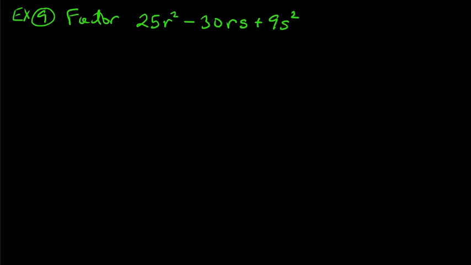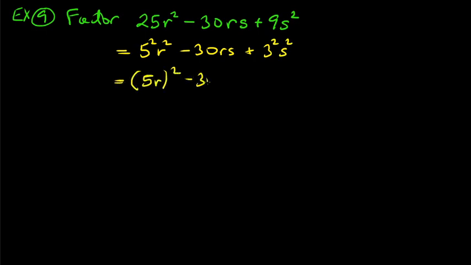Okay. Try this one. You want to factor 25r squared minus 30rs plus 9s squared. The fastest way to do this is to recognize that this is a perfect square. And the 9 is 3 times 3. 9 is a perfect square. So my a is just 5r. And my b is 3s.